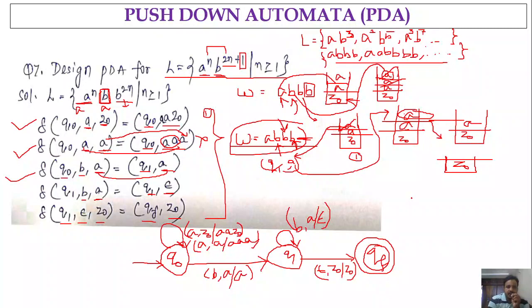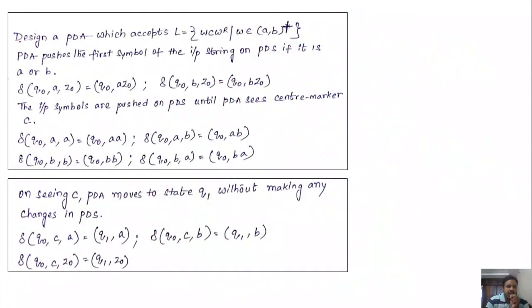Now, next problem. Design a PDA which accepts the language L = {w c w^R such that w belongs to (a,b)+}. What does it mean? The language consists of the set of all words formulated from (a,b)+, the positive closure of {a,b}, and the strings must be in the form of a word followed by the character c followed by w^R.